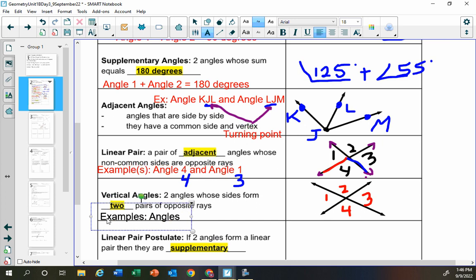Angles 2 and 4. What could be the other possible vertical angle pair besides 2 and 4? 1 and 3. Angles 1 and 3. Good.